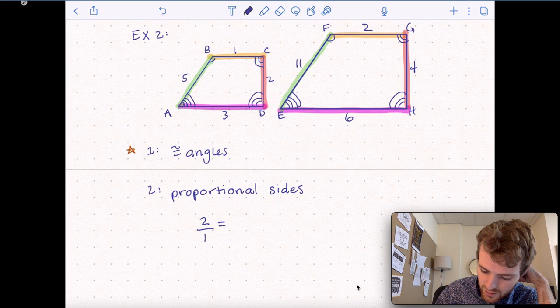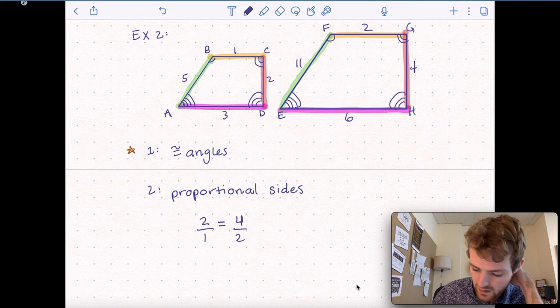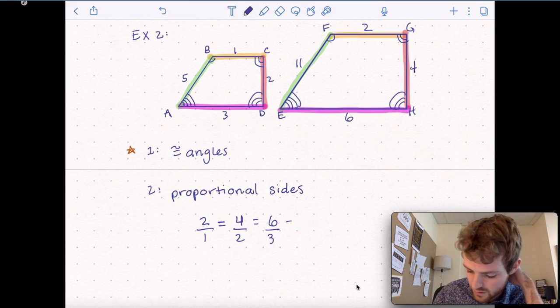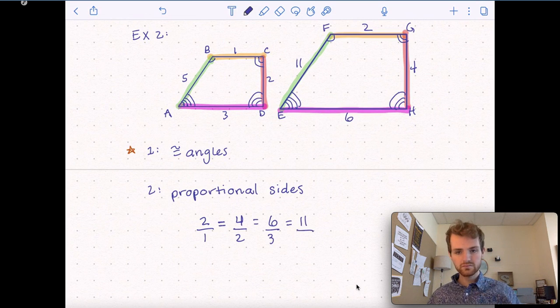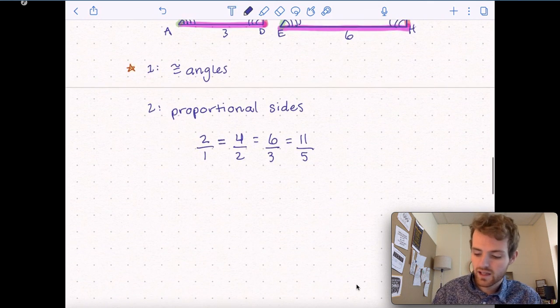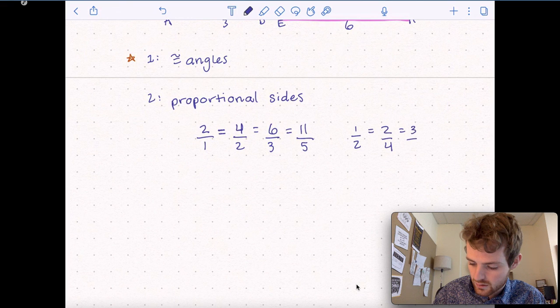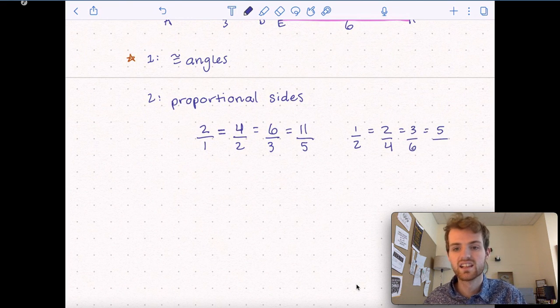I would also do 4 over 2 from GH to CD. I would also do 6 over 3 and 11 over 5. Once again, if you did the same thing but just flipped your fractions, that's okay.